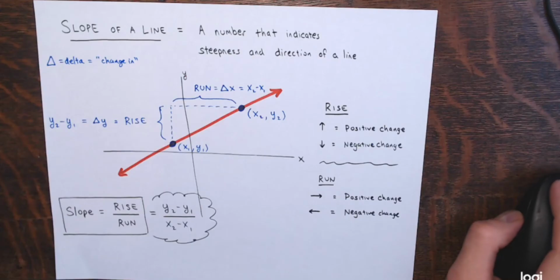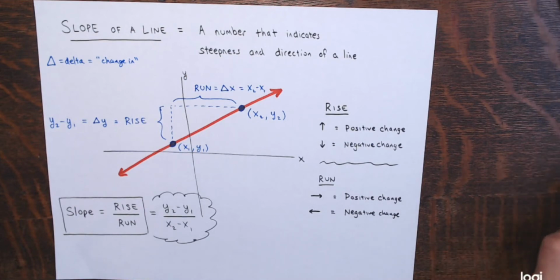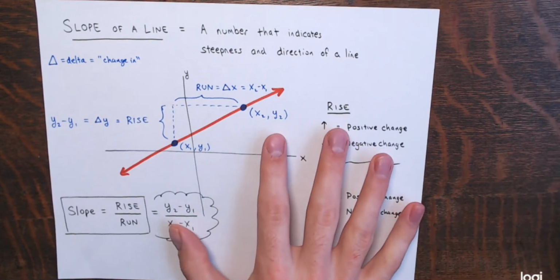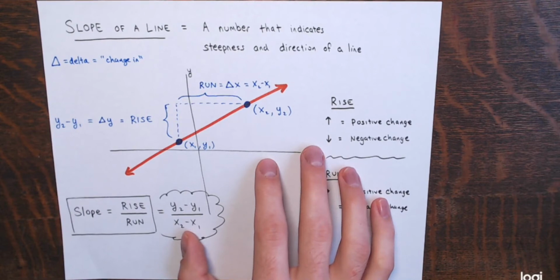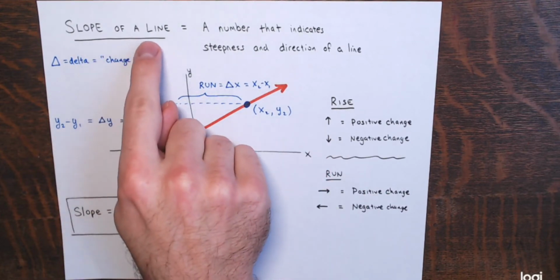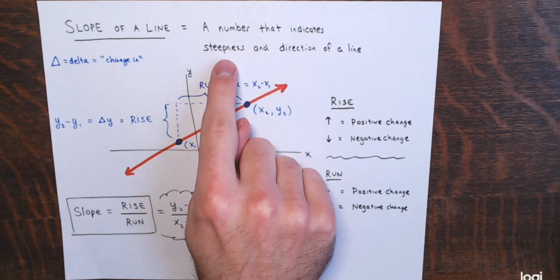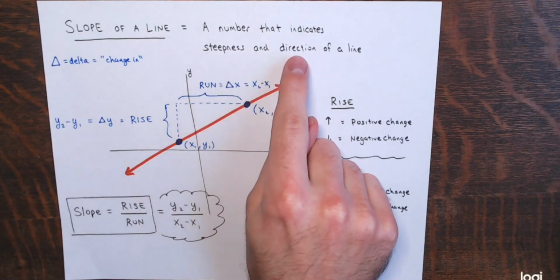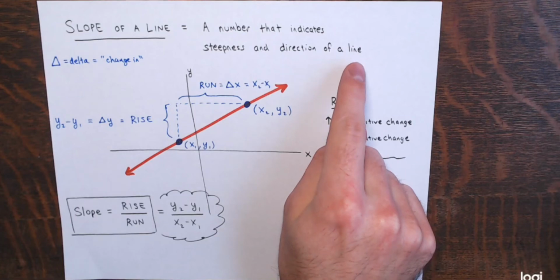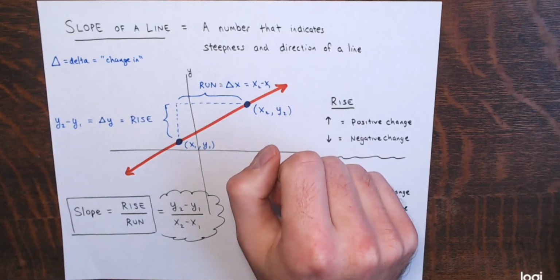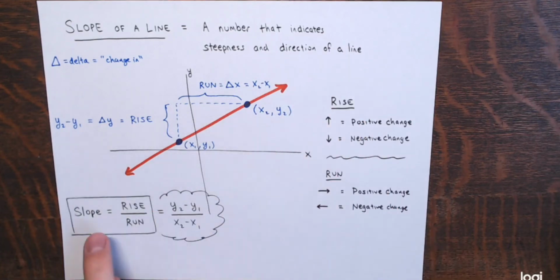In fact, here's the page I wrote out. This was from section 4.4 part 1, talking about how the slope of a line is a number that indicates how steep the line is and the direction the line is going.